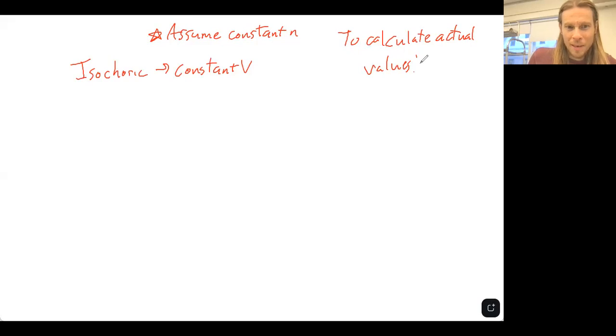And here's what I mean by calculate actual values like, say you just need to know the number of moles in something, but you haven't had anything change yet or anything like that. You use PV equals nRT. Great.